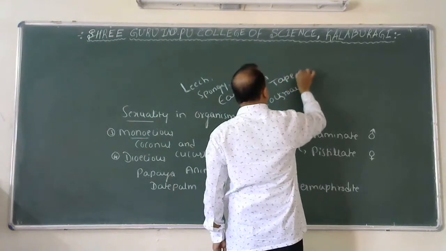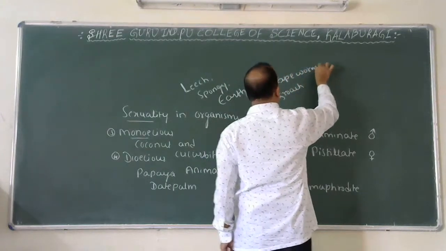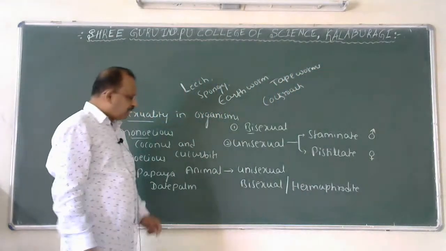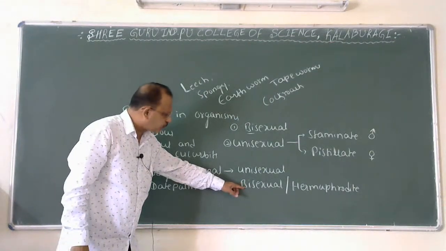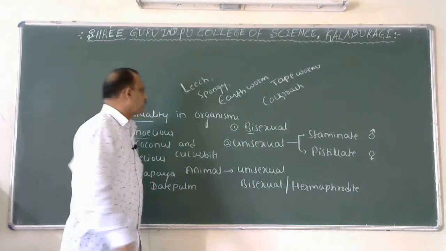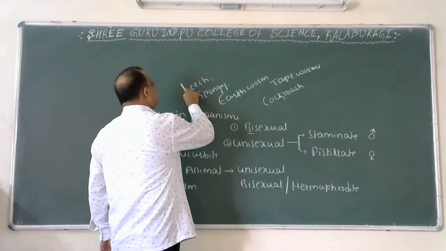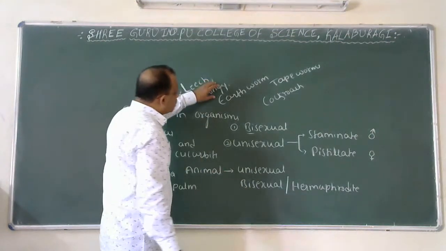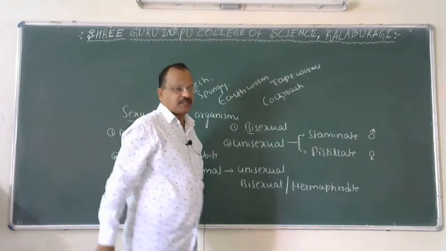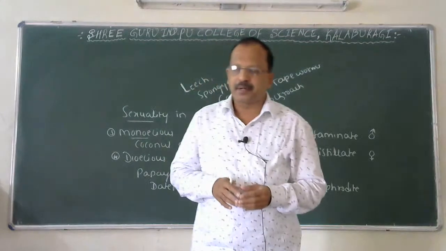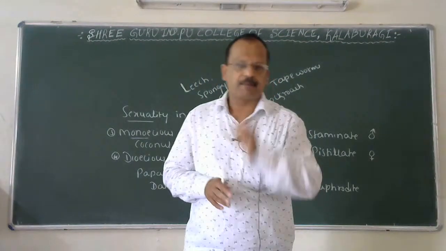When both male and female reproductive structures are present in the same individual, then it is called as hermaphrodite. Example is Indian cattle leech, sponges, earthworms, tapeworms. So that ends the complete matter related to first chapter.